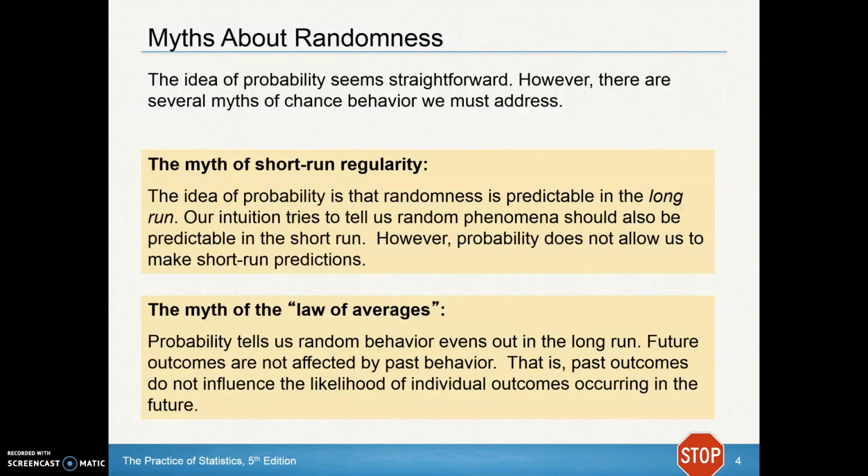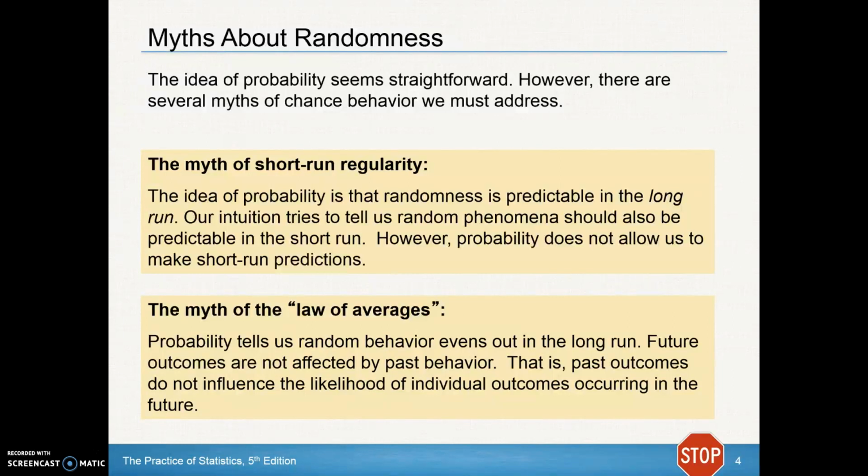And then they think, give me the ball now, because the law of averages says I should start making them now. Well, that's not always the case either. Just because past outcomes have not been positive does not mean the next several outcomes are going to be better and positive to even things out. That's not the case.